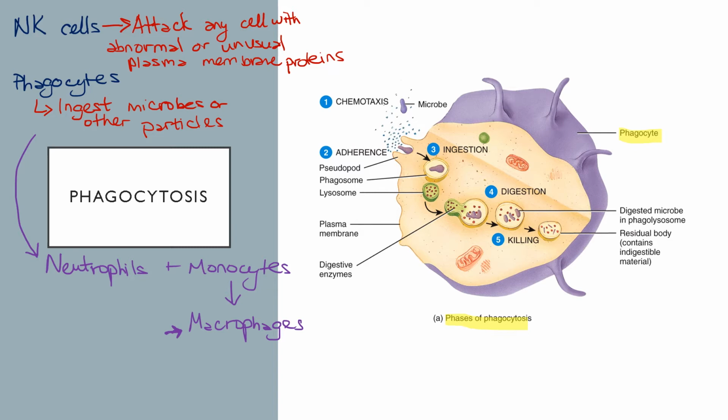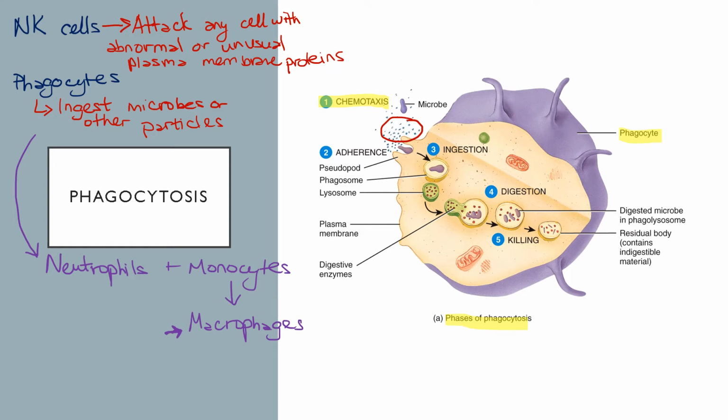So here is our first phase of phagocytosis, which is chemotaxis. This is a chemically stimulated movement of phagocytes to a site of damage. Chemicals that attract phagocytes may come from invading microbes, white blood cells, damaged tissue cells, or activated complement proteins. These little chemicals that we can see here attract the phagocyte to this area.